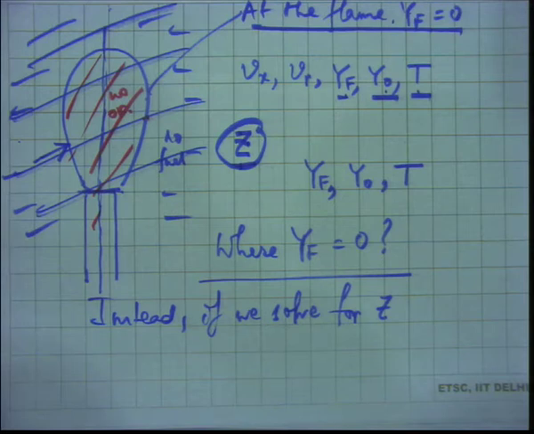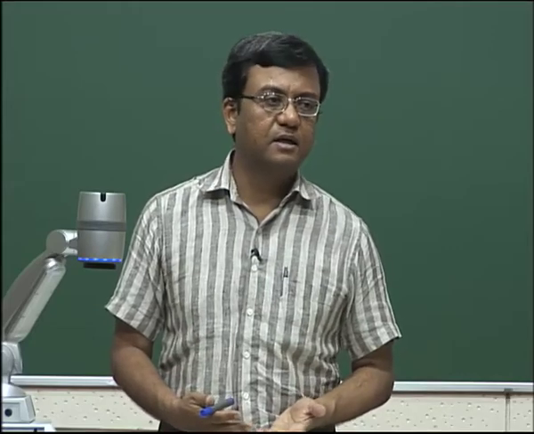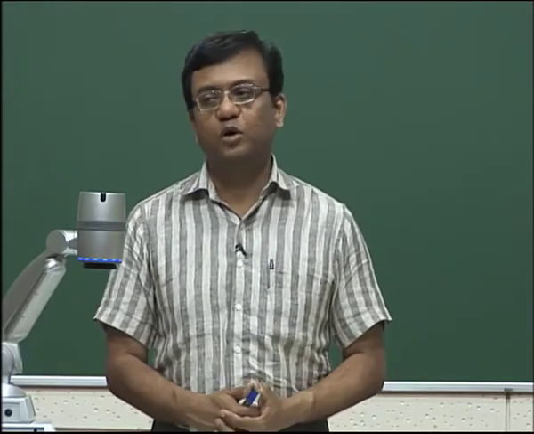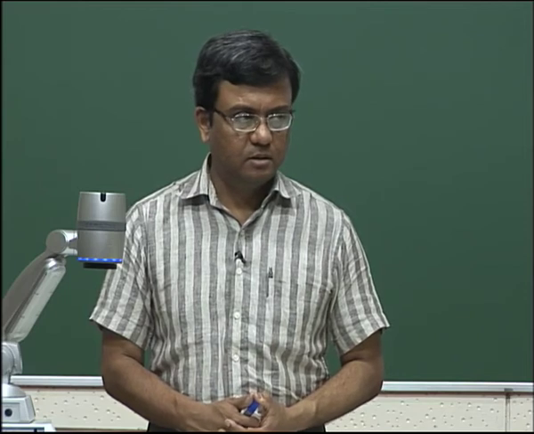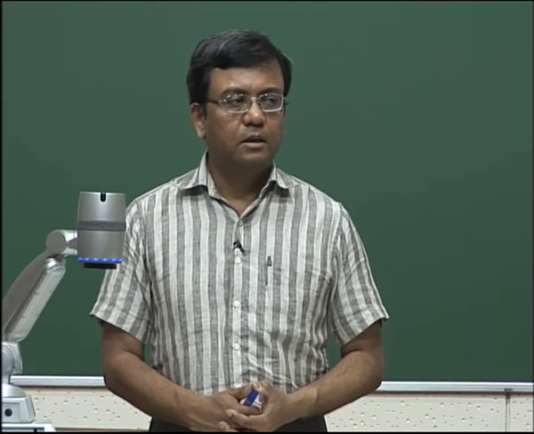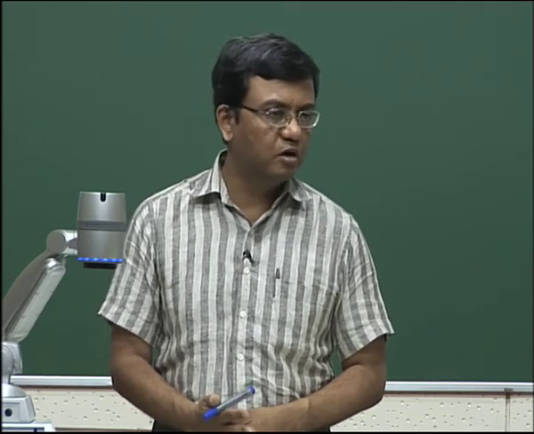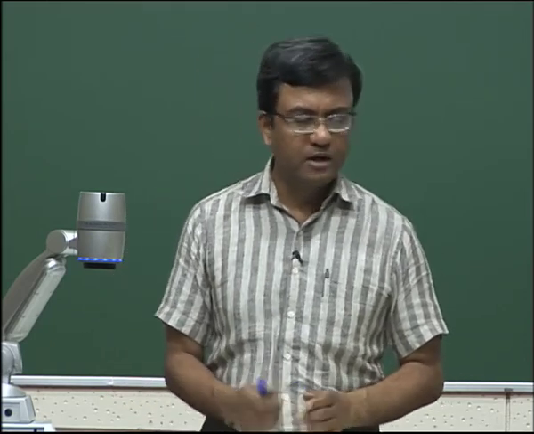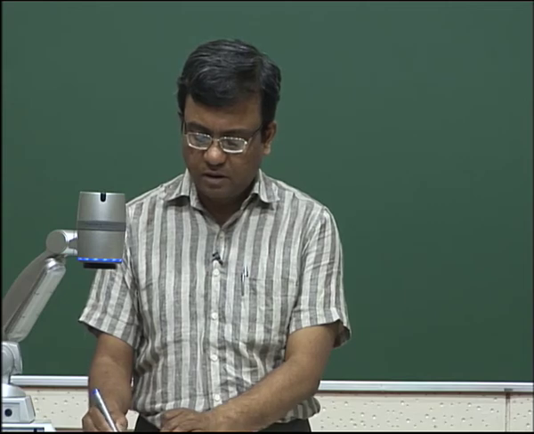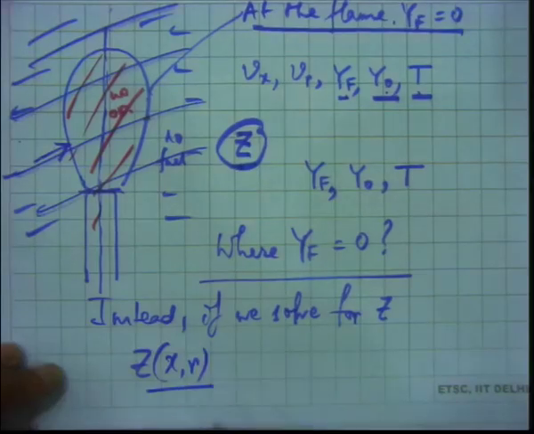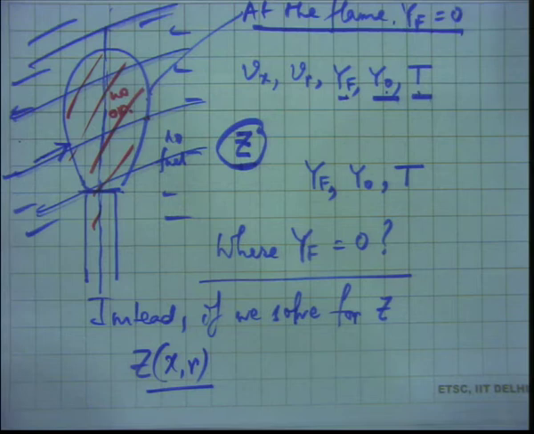Things like that. We could have done that, and the solution of Z in spatial coordinates would have told us where the flame is. Okay. So, setting boundary conditions for Z is not a problem, and then solving for Z is also not a problem. Once we get Z as a function of x and r for this kind of a geometry, we would have known where the flame is if we had done it that way.